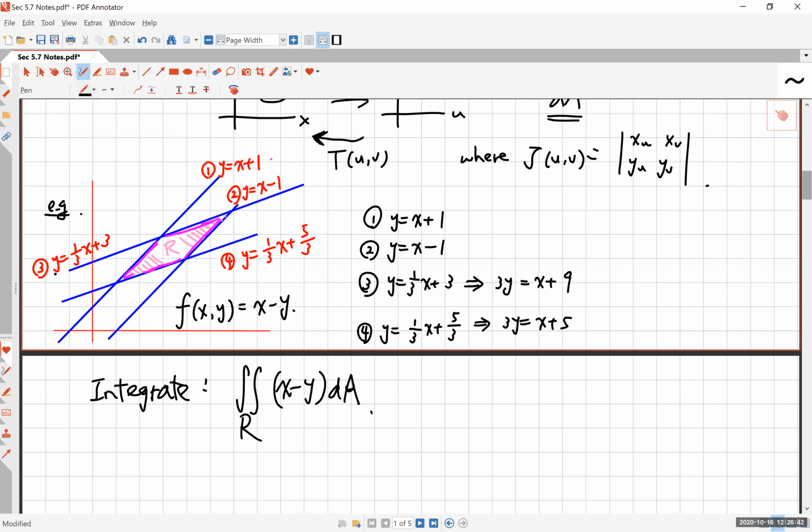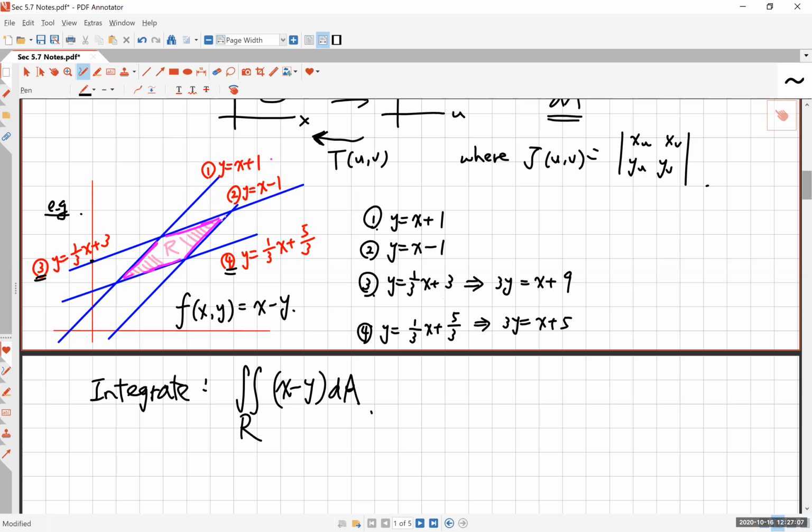And then you have equation 3, which is y is 1/3 x plus 3, and then number 4, y is 1/3 x plus 5/3, which also has a slope of 1/3. So line 3 and line 4 are parallel to each other. Line 1 and line 2 are parallel to each other. The equations of all of these 4 lines are listed here, 1, 2, 3, 4 in that order.